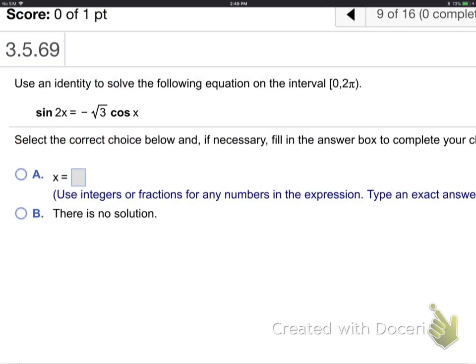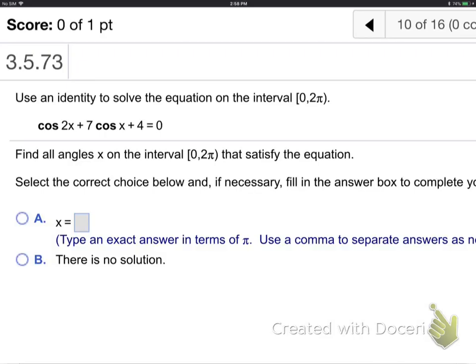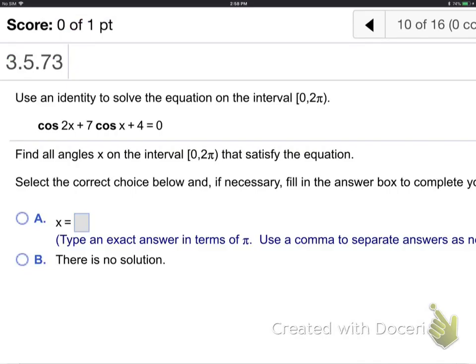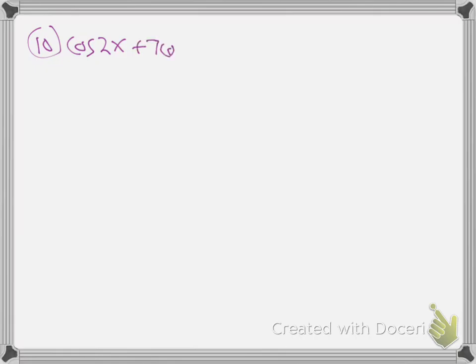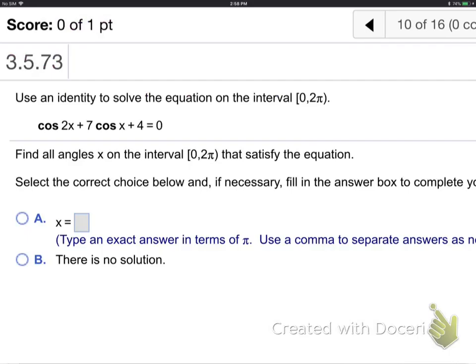We good? All right. So sine 2x. We need this new one here, number 10. Cosine 2x plus 7 cosine plus 4 equals 0.